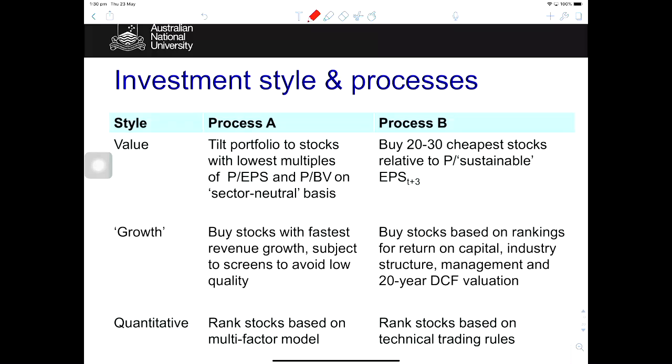So that's how investment style and process can be quite different for managers of the same style.